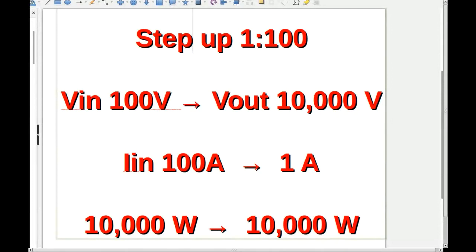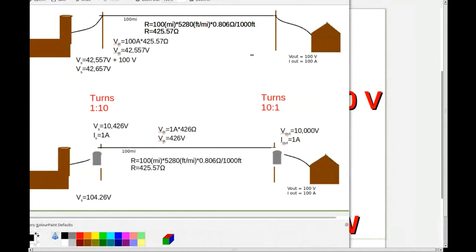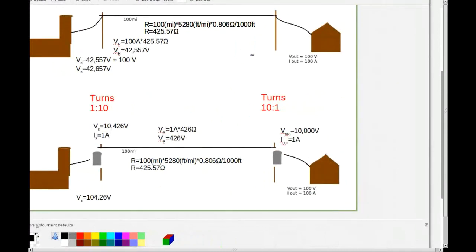Without this, if we go back and look at my original example, here was the original example, this is the copy in the slides. And again, my turns ratio is wrong here. The turns ratio is 100 to 1, not 10 to 1.